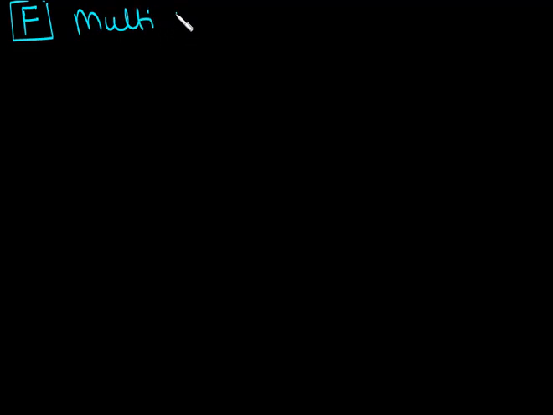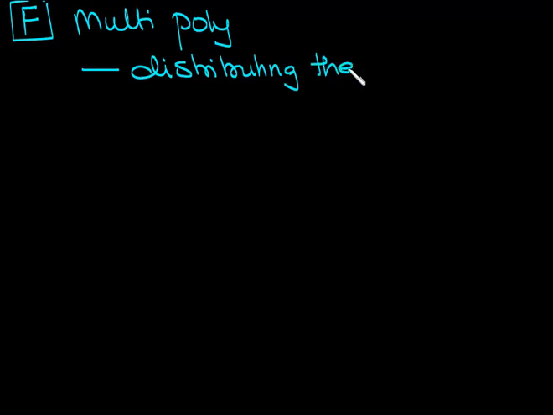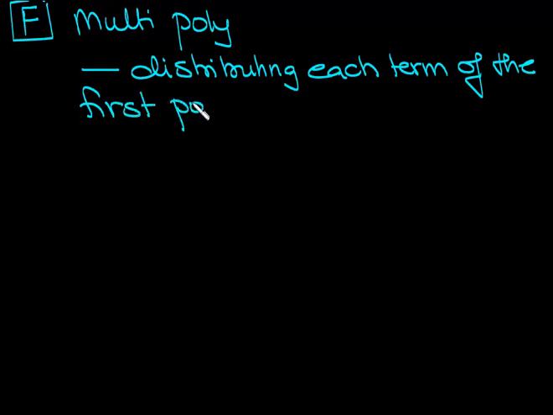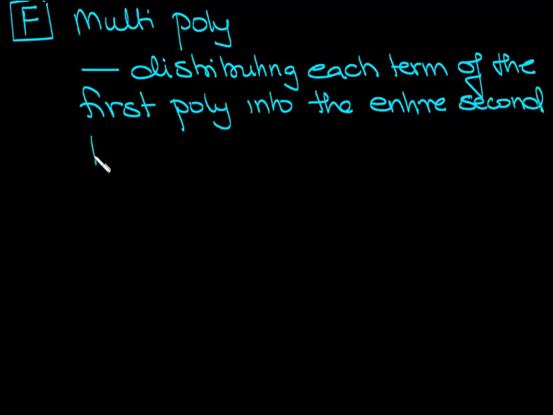So multiplying polynomials, and that just boils down to basically distributing each term of the first polynomial into the entire second polynomial. So that's what it boils down to. So here are some examples of that.